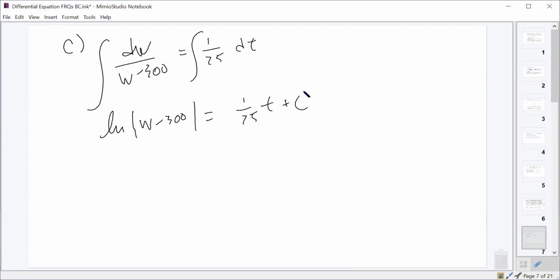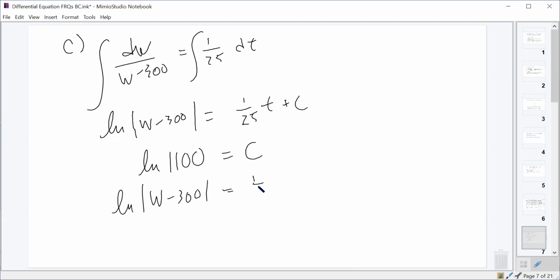You'll plug in your initial condition, which was t equals 0, W equals 1,400. Get a constant of natural log of 1,100. Then you've got natural log absolute value of (W minus 300) equals 1/25 t plus ln 1,100.